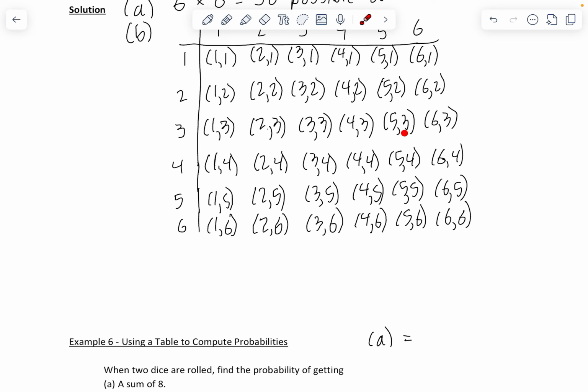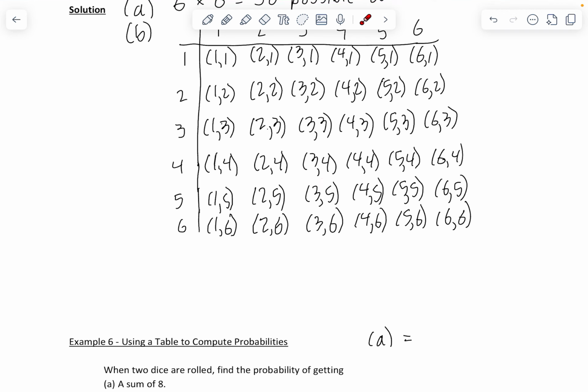Then there's 4,4 right here, there's 3,5, that's 4, and 2,6, that's 5, right? Okay, so there's a total of 5 ways to get a sum of 8: 6,2; 5,3; 4,4; 3,5; and 2,6.